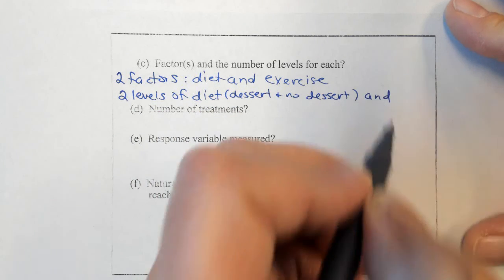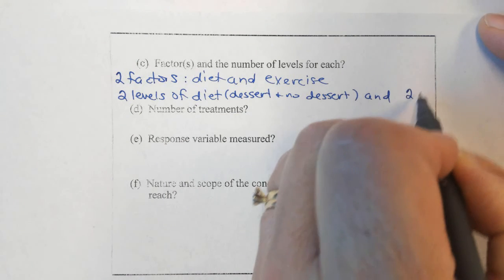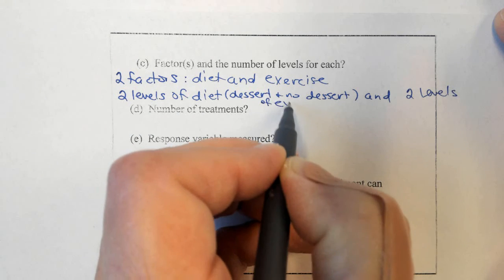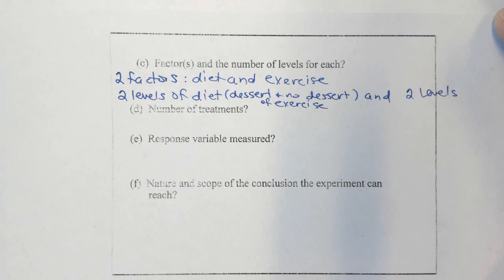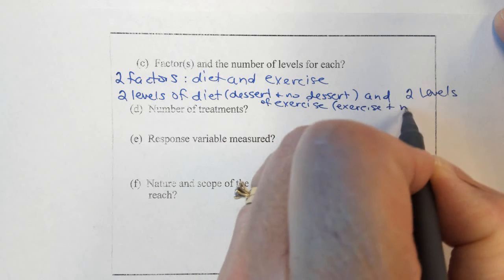And how many levels of exercise? I heard a couple people whisper, but be confident. How many did we have? 2. 2 levels of exercise. Bless you. And those were exercise and not, right? Exercise and no exercise.